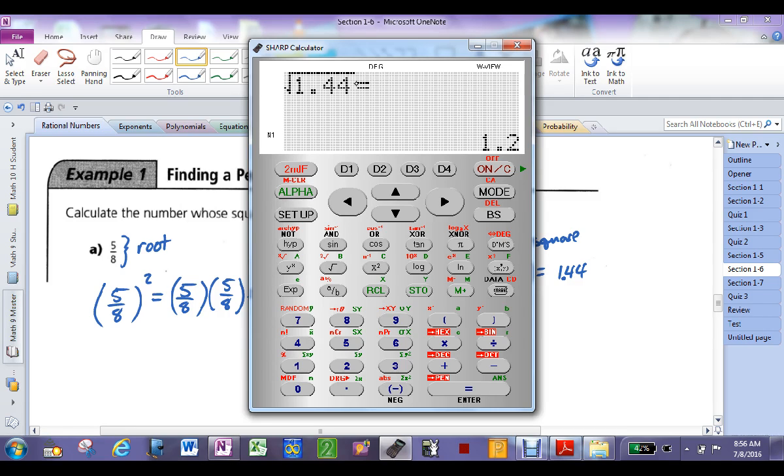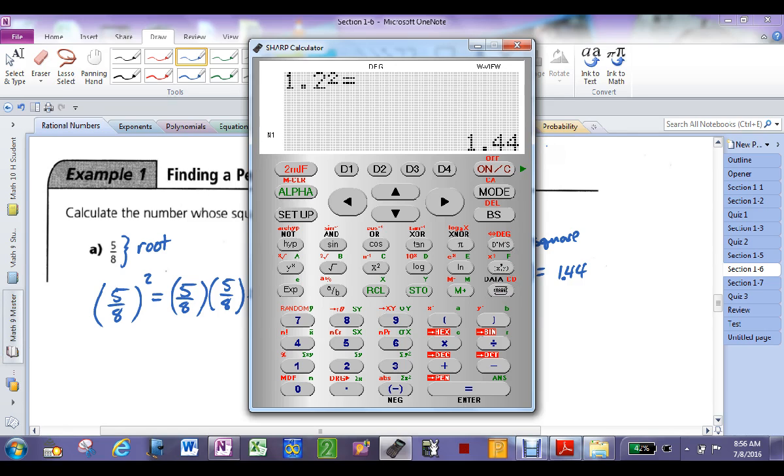Does everybody see that button? That's what you're going to use to find the squares. Okay? Now that one works the same for both calculators. You're going to go 1.2 squared, or 1.2 in the x squared button, and then equals. And there it is. Is everybody good with using their calculators?